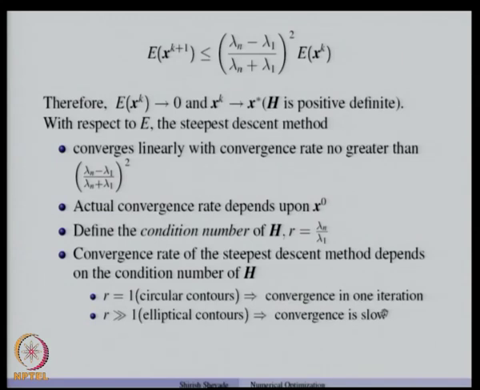So, in that case the convergence is very slow. So, the convergence of the steepest descent method, although it is a linear convergence, the rate of the convergence depends on the nature of the contours of the quadratic function. So, if we have circular contours, we have convergence in one iteration irrespective of the starting point, and if we have elliptical contours, then the convergence is slow. A lot depends on the initial point.